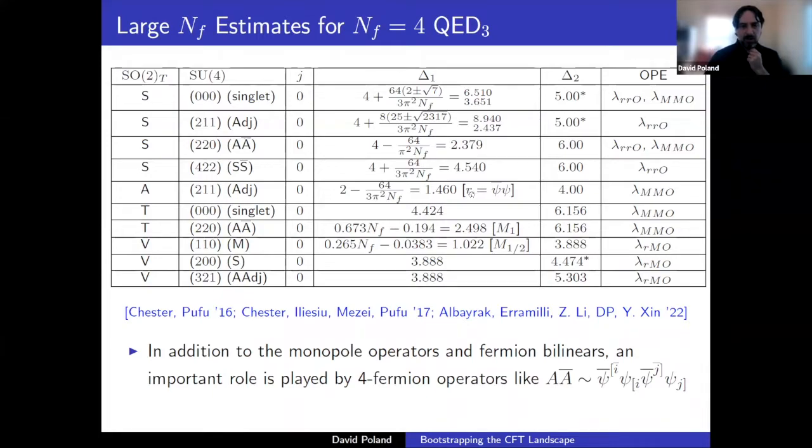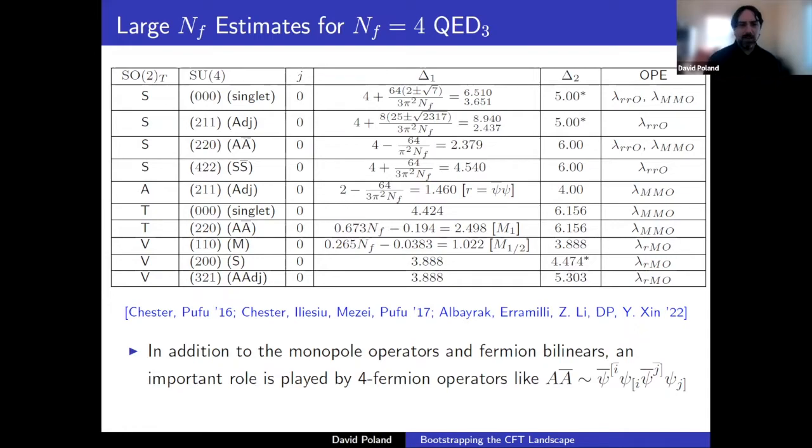That's something I'll call R later, which is one of the lightest operators. It has a scaling dimension of 1.46. And then there are also the monopole operators, like M1/2, which we can estimate has a scaling dimension 1.022. M1, the charge 1 monopole, has a scaling dimension of 2.498. Those are going to play important roles in our bootstrap studies.